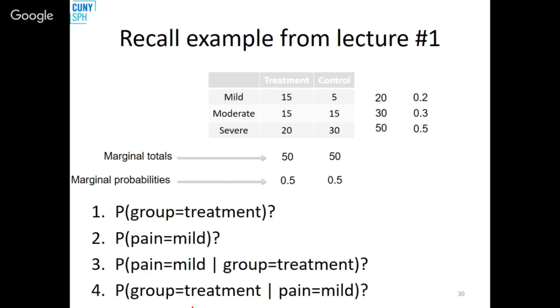Okay, more questions for you to make sure that it gets through. Remember this example of the mild, moderate, and severe pain in the treatment and control clinical trial of a pain medication. So what is the probability of being in the treatment group here? Probability that group equals treatment. 0.5, yeah.